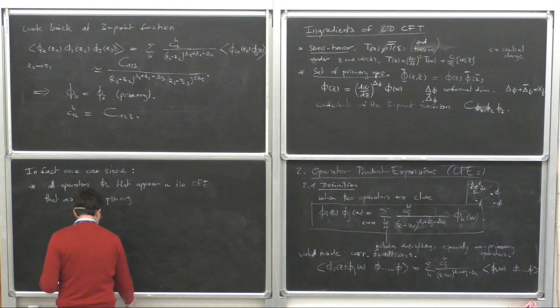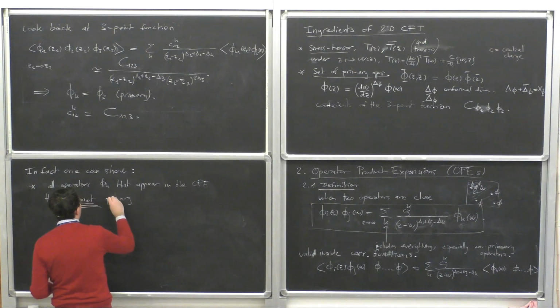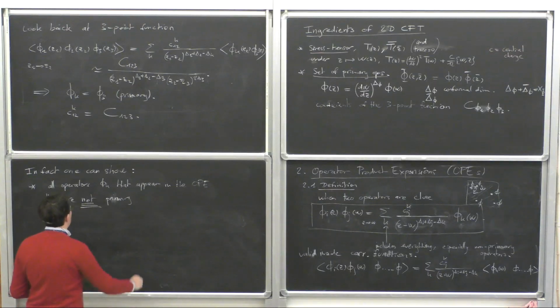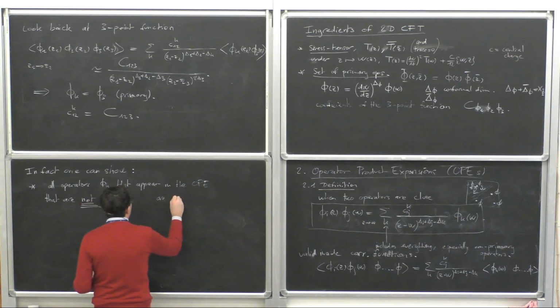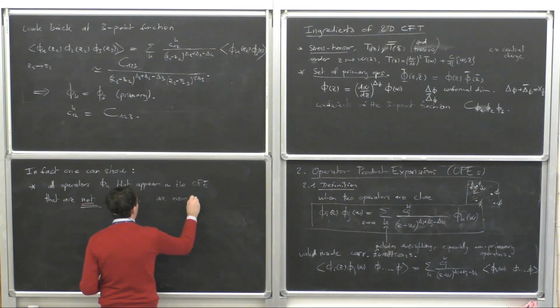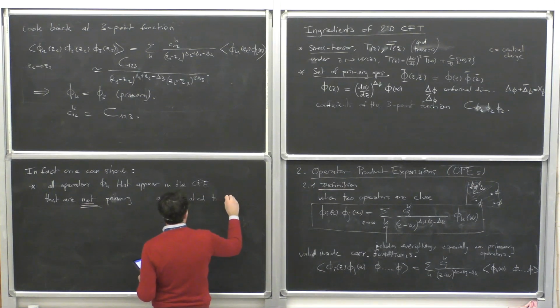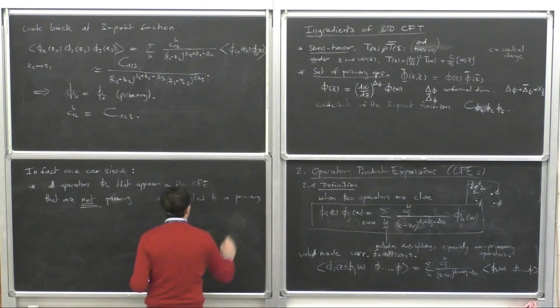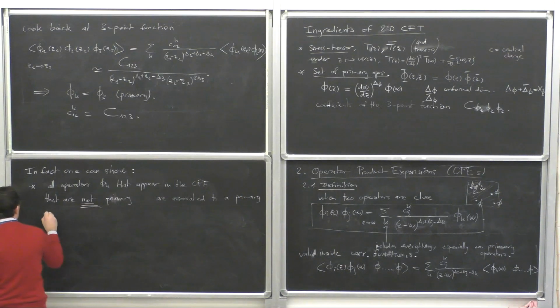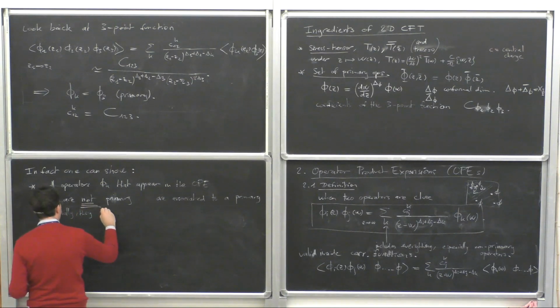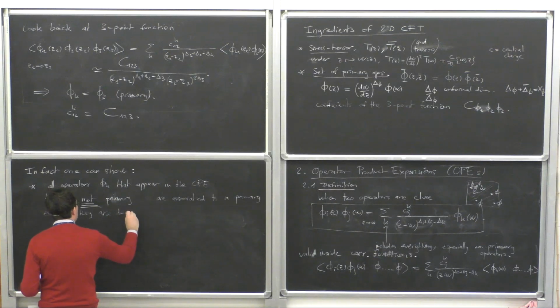in fact, they come from a primary, in the sense that essentially they are derivatives of a primary. So they are associated to one specific primary. Each of them is associated to one primary, and you can think of them as derivatives of these primaries.